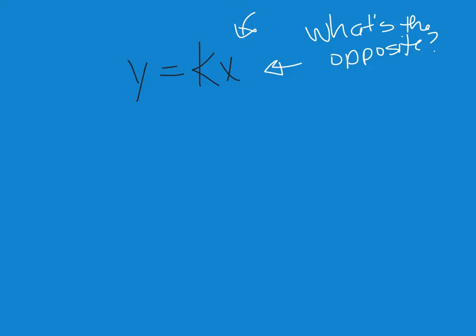Two variables together means they're being multiplied. And we're saying what's the opposite of multiplying by the variable k? We should know the opposite of multiplying is always division. And in this case, we're dividing by k.